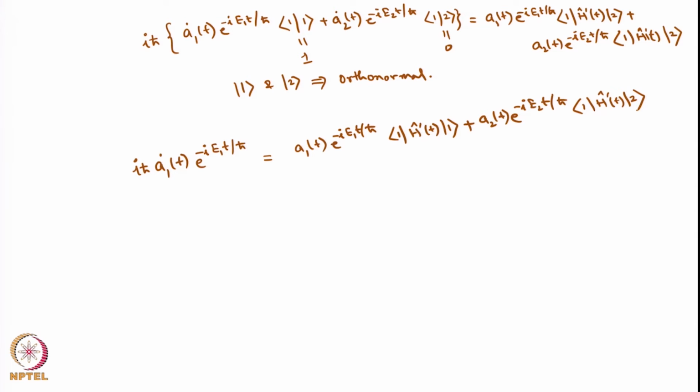Now let us suppose you have two solutions. This is your ψ1 with E1 as the energy and this is ψ2 with E2 as energy.